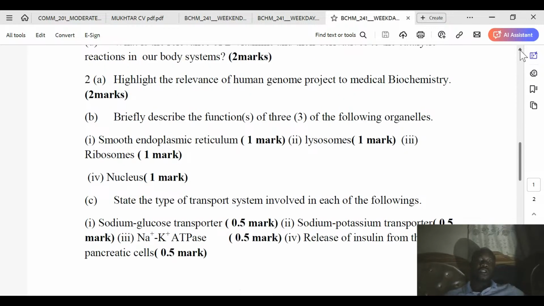Sorry, question 2C. Question 2C says state the type of transport. I hope you can still see the slides. Question 2C says state the type of transport system involved in each of the following. No, I don't have a network problem here.